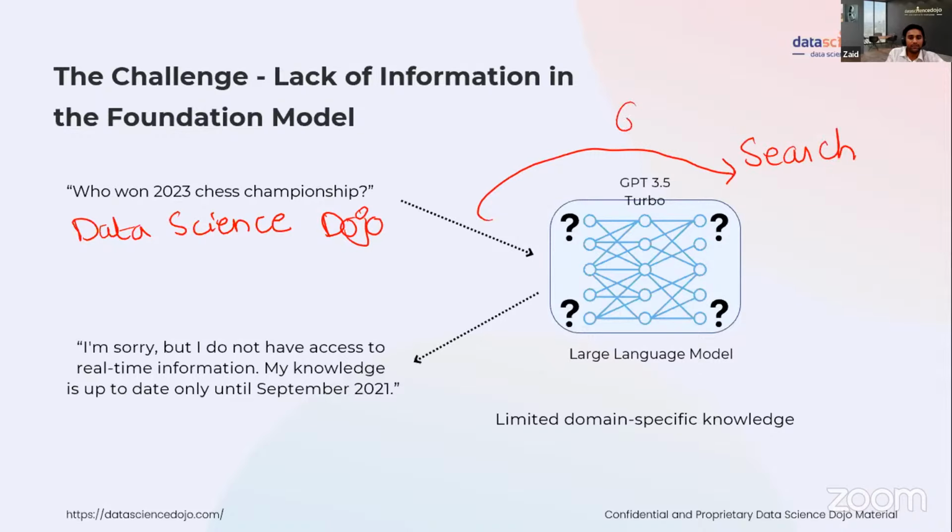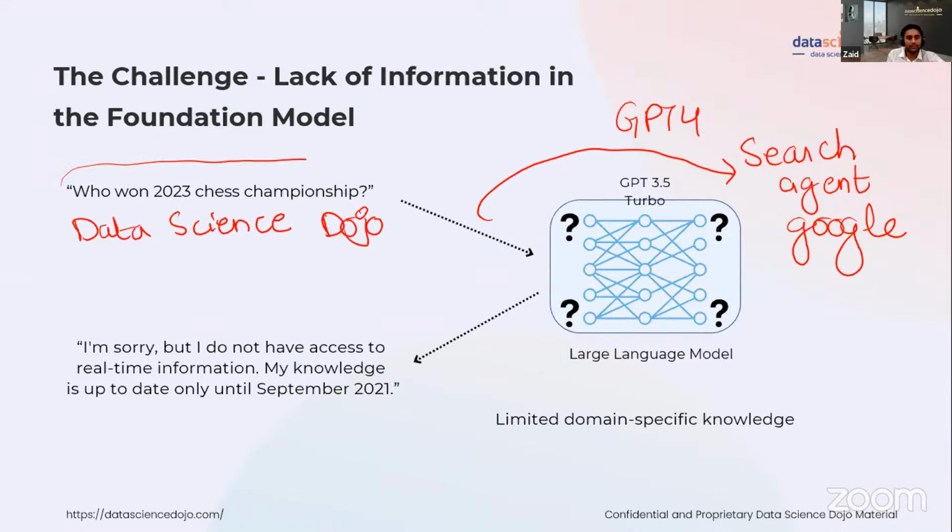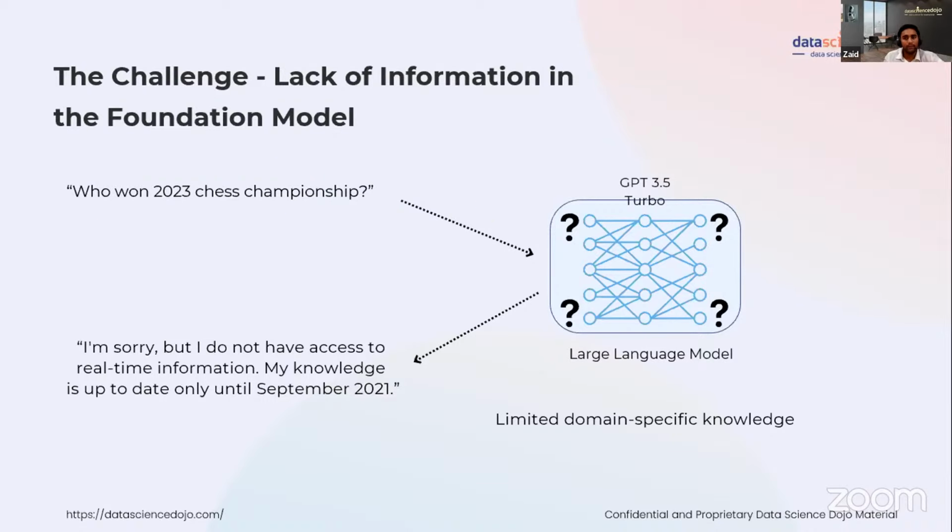In paid GPT-4 we have the ability of a search agent. It can do a Google search and get the response for you. So it totally depends on the use case. If I ask and it gives me the right response, then either you are using the paid version or your GPT-4 is connected to the internet.